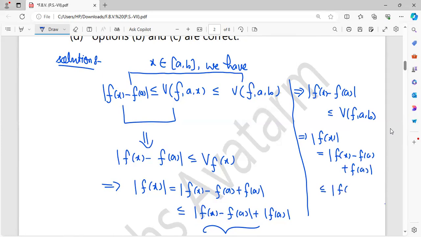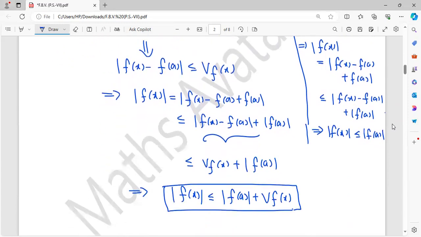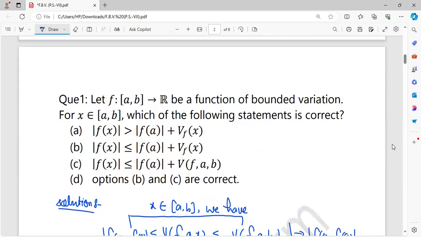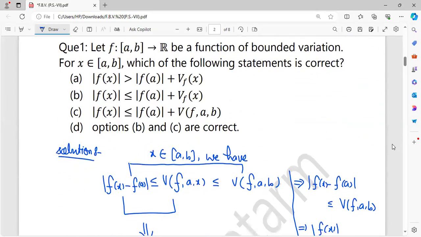So this is less than Vf(x), so I can write directly plus Vf(a,b). So this is true. So options B and C are correct. Okay, B and C are correct. So option number D is correct.